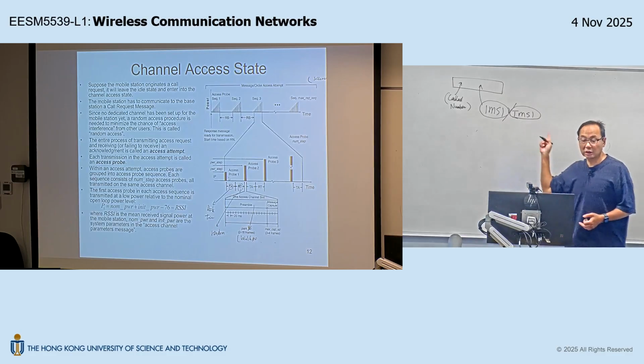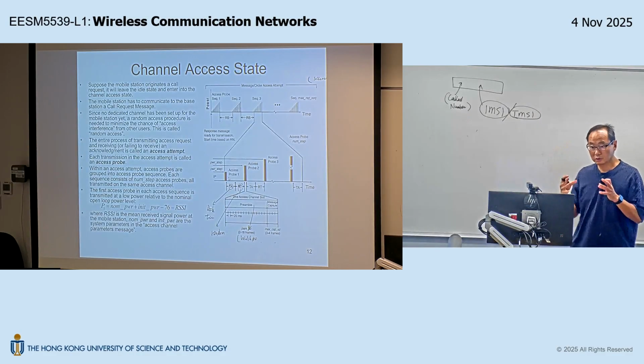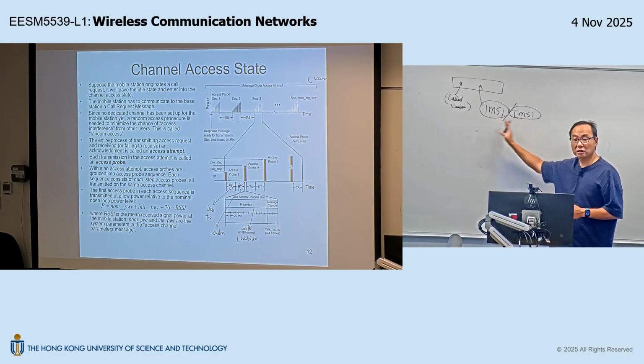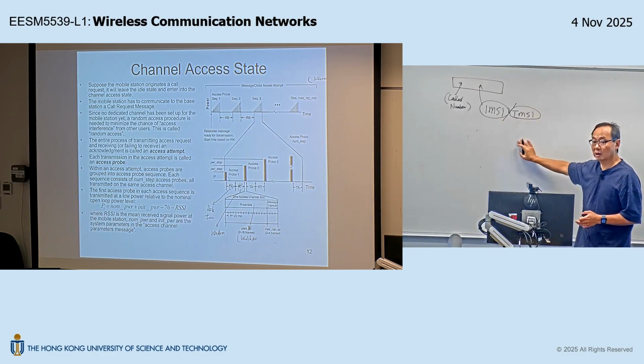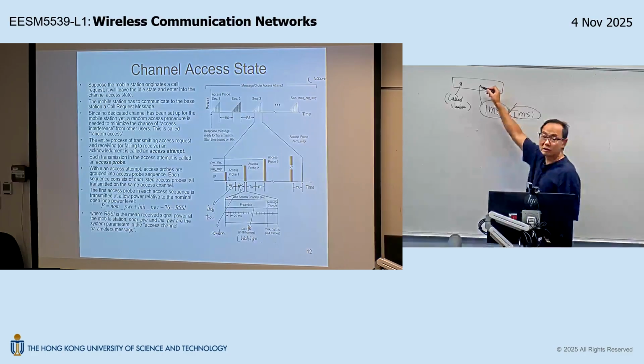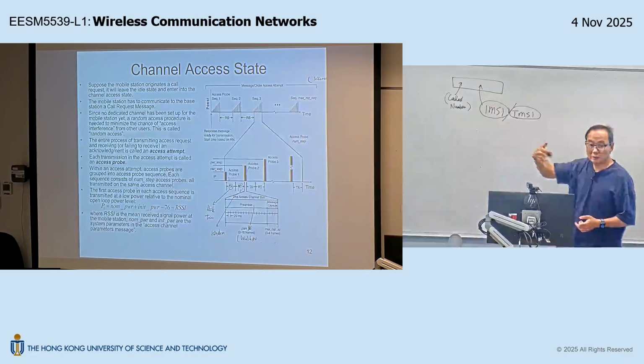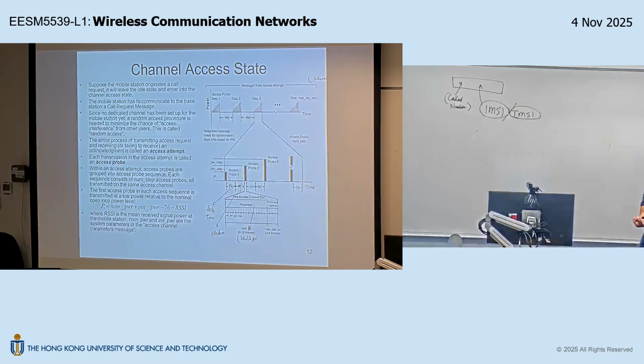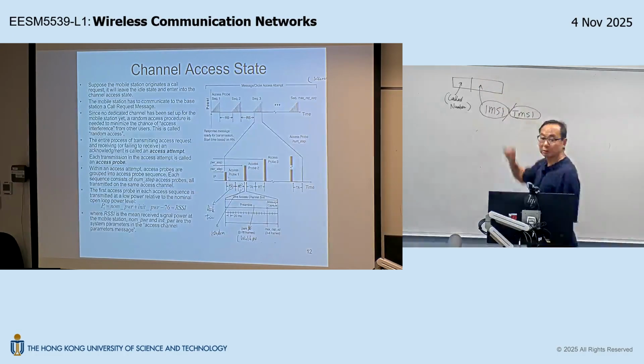In the next topic, when we talk about the core network, we'll talk about the mapping between IMSI and TMSI for security. But let's not worry about this now. So you will identify yourself by telling the base station your ID, some kind of ID. So at least you need to tell the base station these two pieces of information, right?